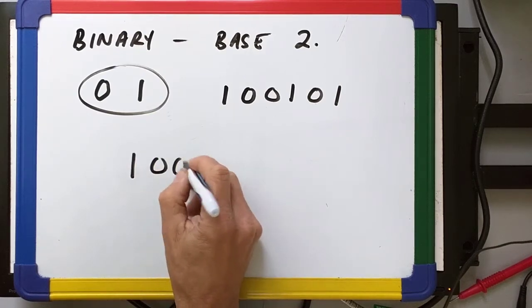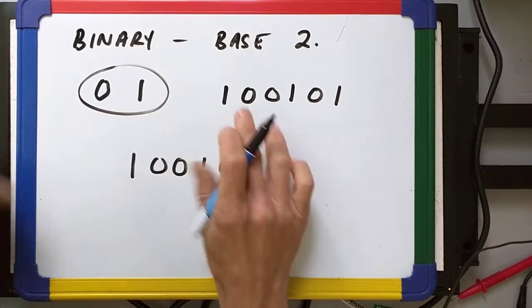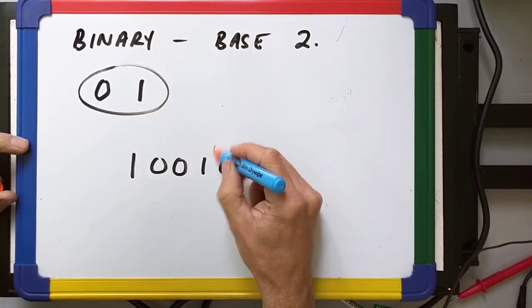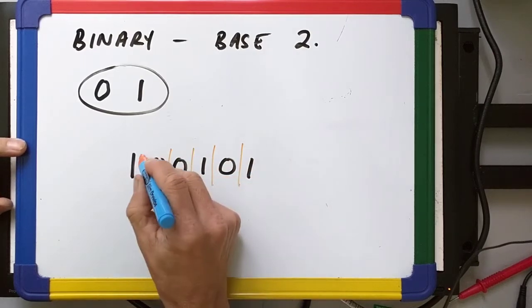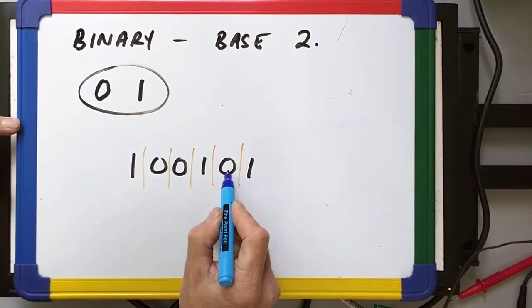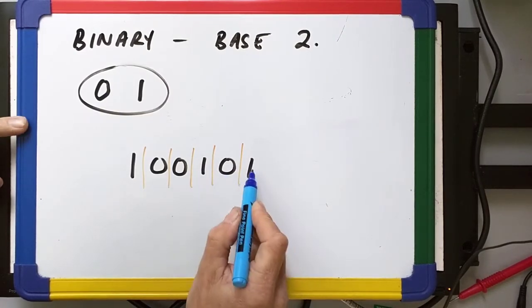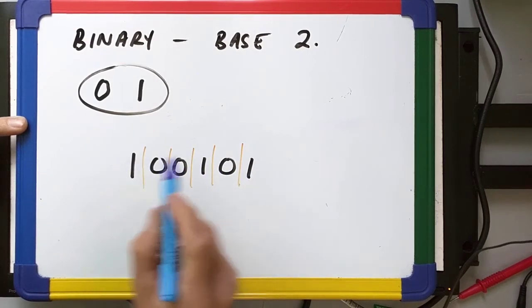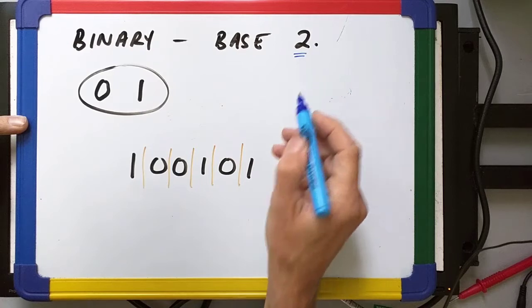Let's move that down to here and we'll work out what value it has. Same rules as before. We've got columns. Each column represents a value, but instead of being 1s, 10s, 100s, where the columns go up by a multiplication of 10, here they go up by a multiplication of 2.